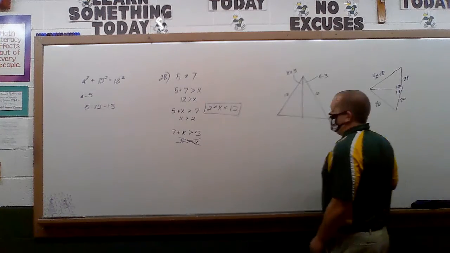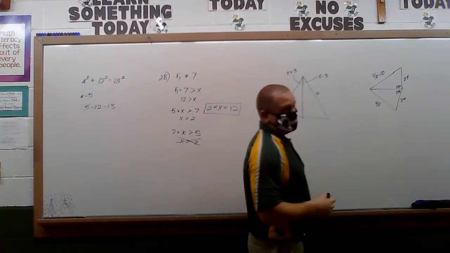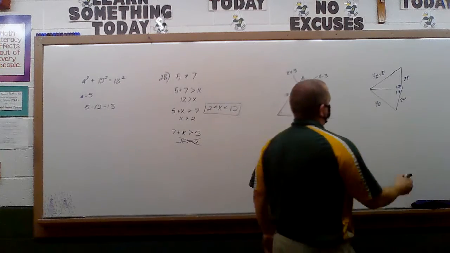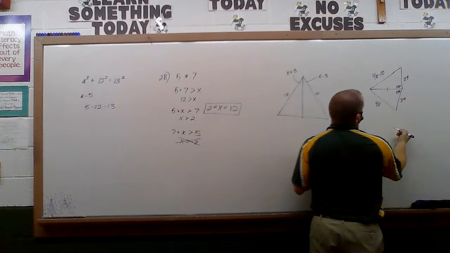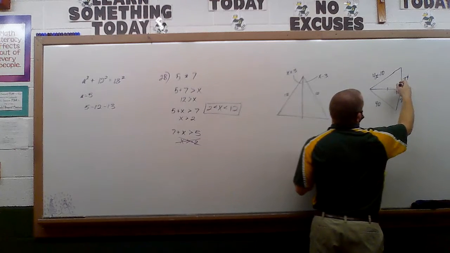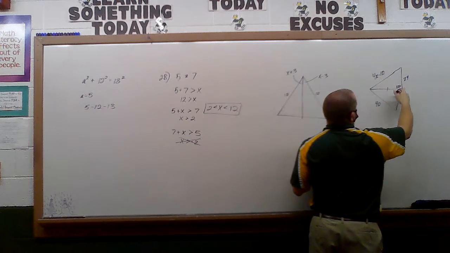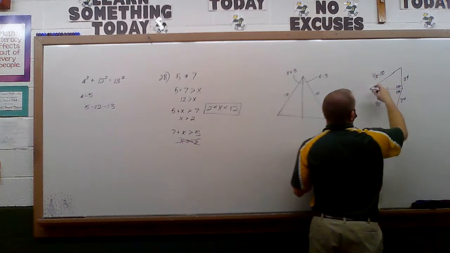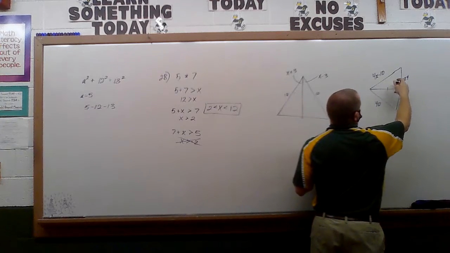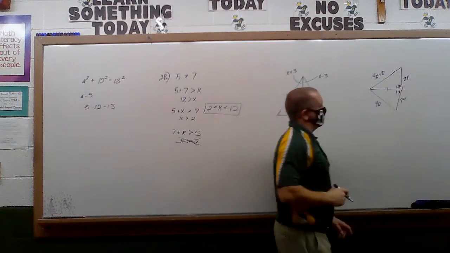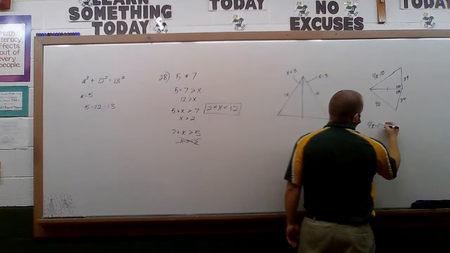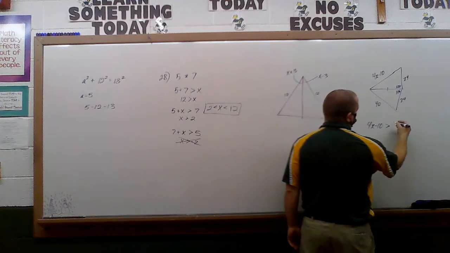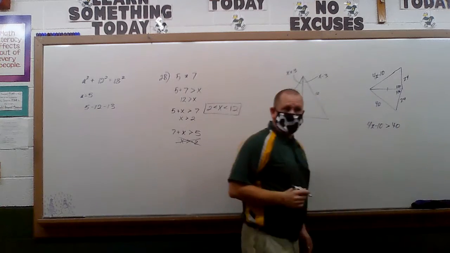So, if we're going to write the range for this one right here, here's my side, angle, side, right, because this is congruent, and then side, angle, side, so I'm using these angles. Between my two sides, which one's bigger if I have 120 here and 115 here? 4x minus 10 is greater than 40, right?